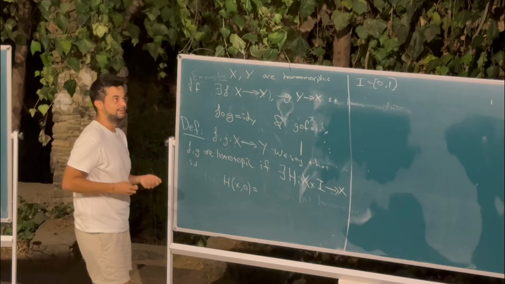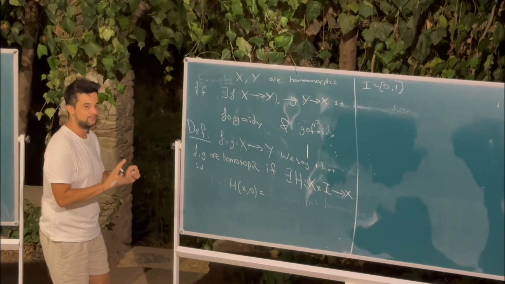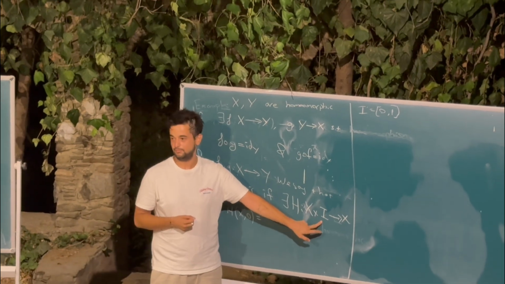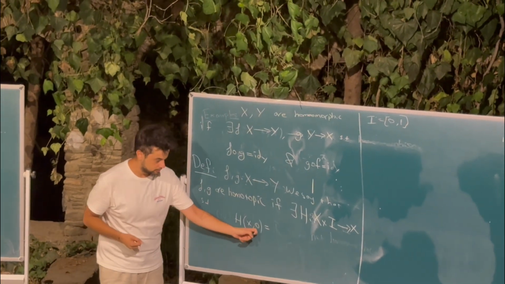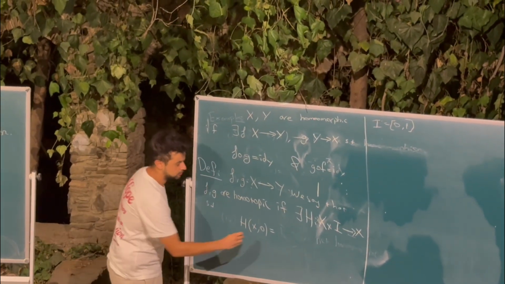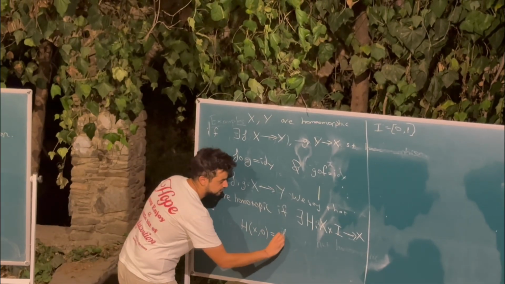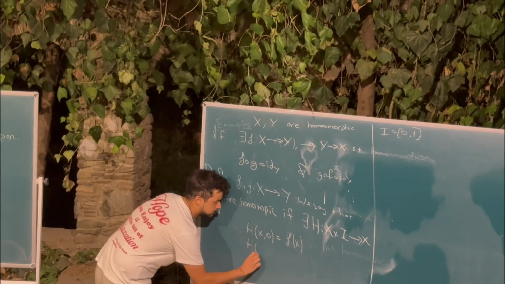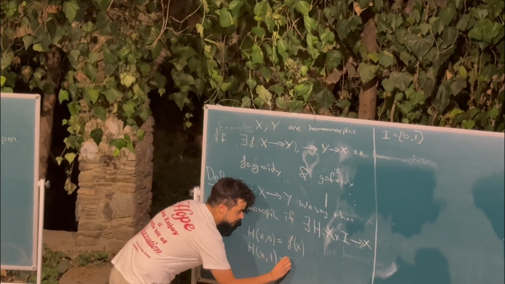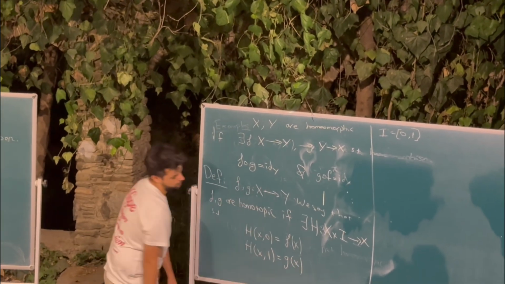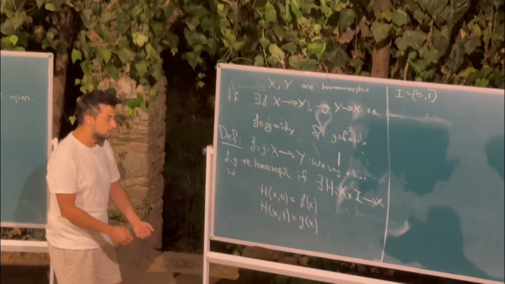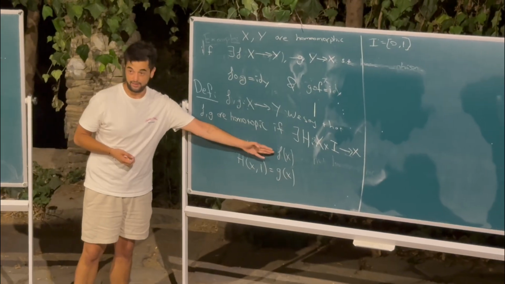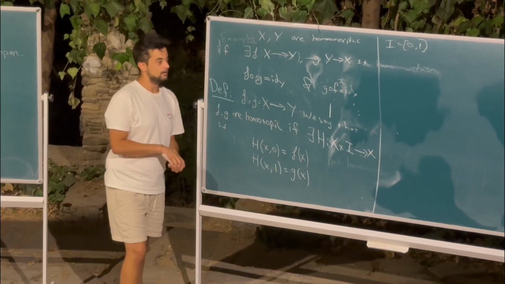It's not something physical, but it helps to think of this as time, okay? So at time 0, H is literally the same as f. And at time 1, it is g. So you can think of it as a movie deforming f to g, okay?